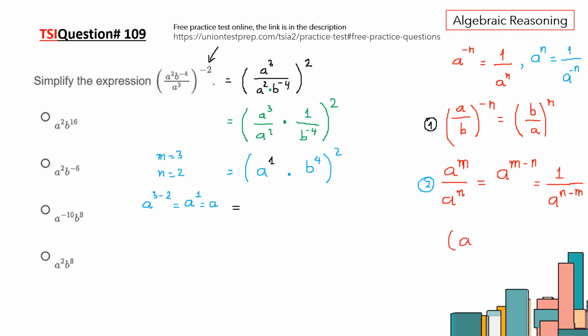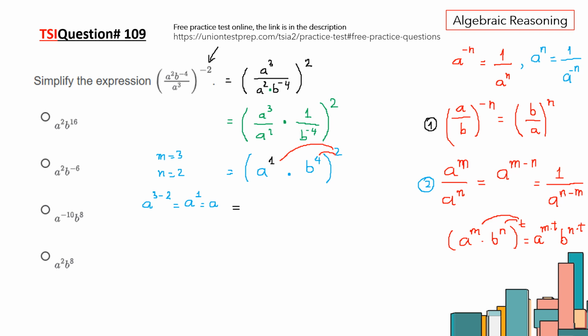Now we review one more formula. We have a to the power of m times b to the power of n, all to the power of t. You distribute the exponent by multiplying the powers together: m times t, and n times t. So 2 times 1 is 2, 2 times 4 is 8.